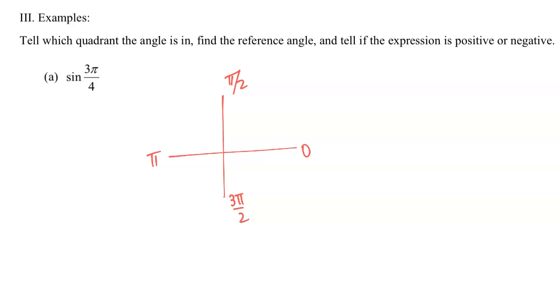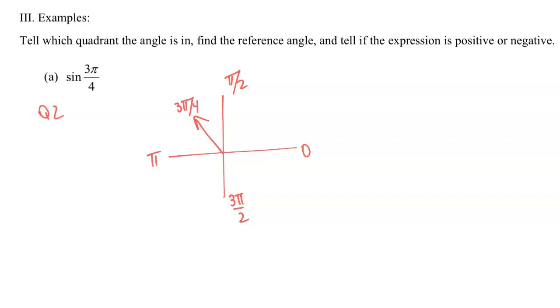Well, remember, we go counterclockwise whenever we have a positive angle, and 3/4 is in between 1/2 and 1. And so that's going to put me here into quadrant 2. And so that's the first answer that I'm going to write down, that this is in quadrant 2. Okay, so this is going to represent 3 pi over 4.